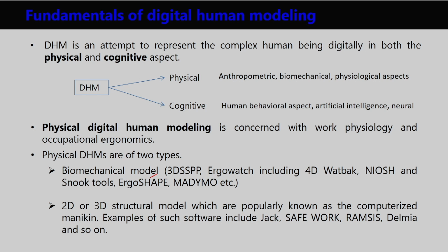Here we use software like Jack, SAMMIE, Ramsis, Delmia and there are so many other software available commercially. And for biomechanical model, we can give some examples like 3D SSPP, 4D Watbak, NIOSH and Snook tools, ErgoSHAPE, Madymo. These are a few examples of biomechanical digital human model.